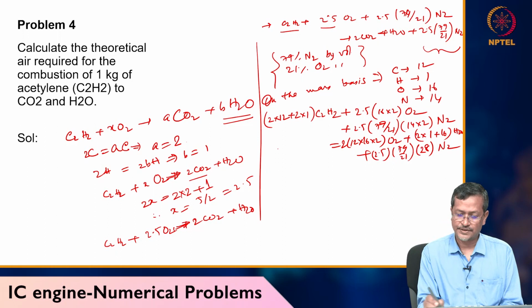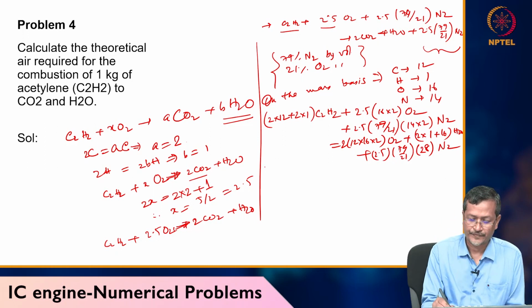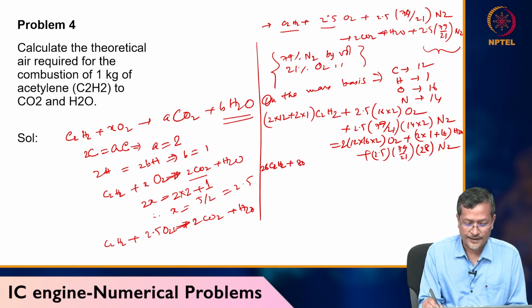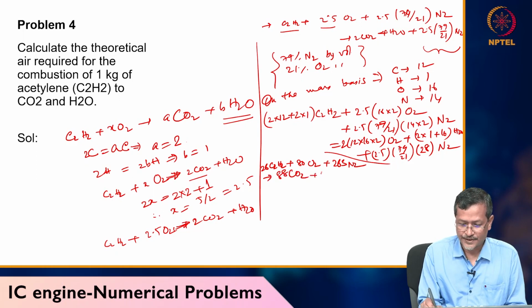So this equation gives 26 C2H2 plus 80 O2 plus 263 N2, giving 88 CO2 plus 18 H2O plus 263 N2.